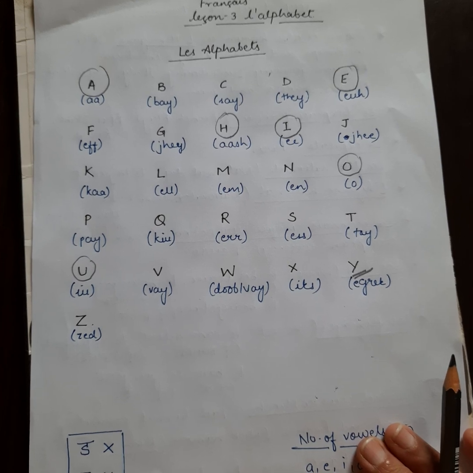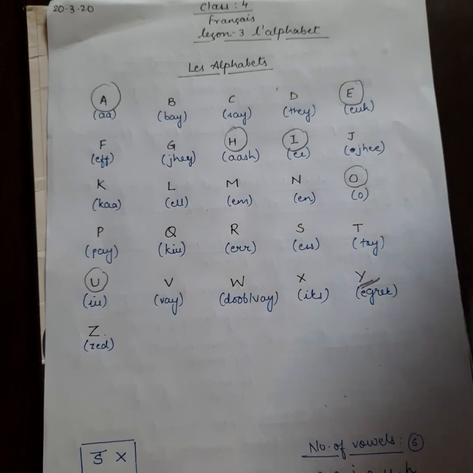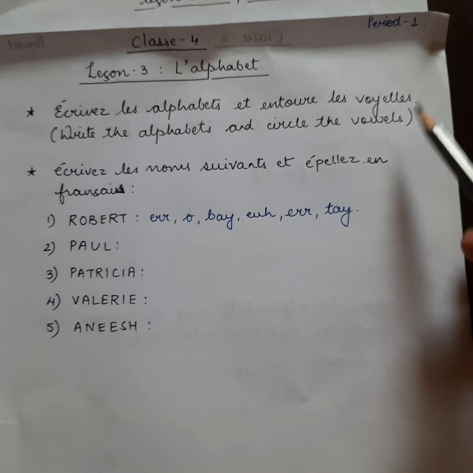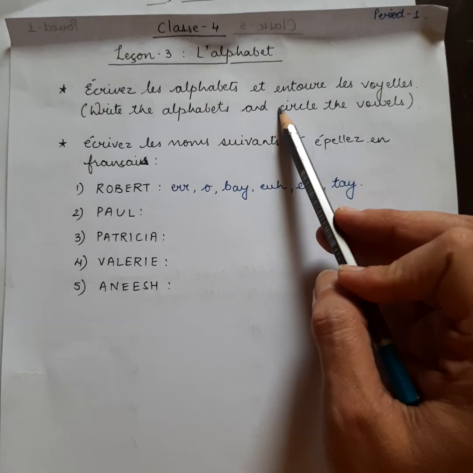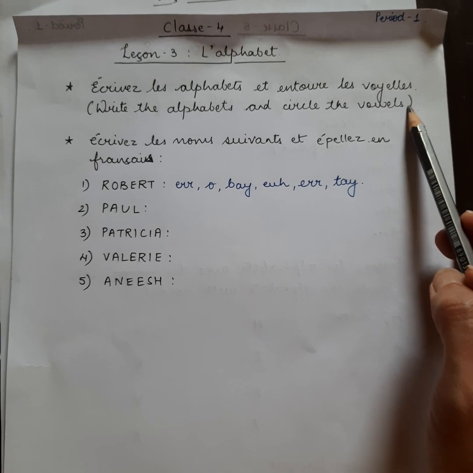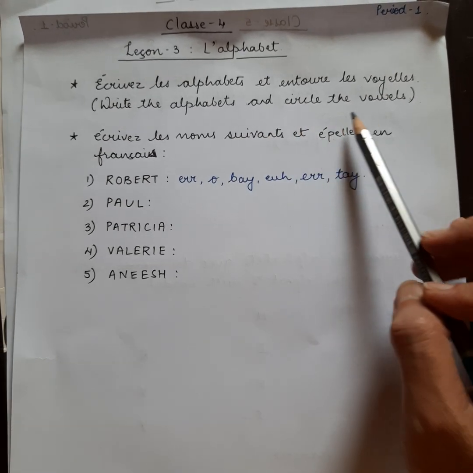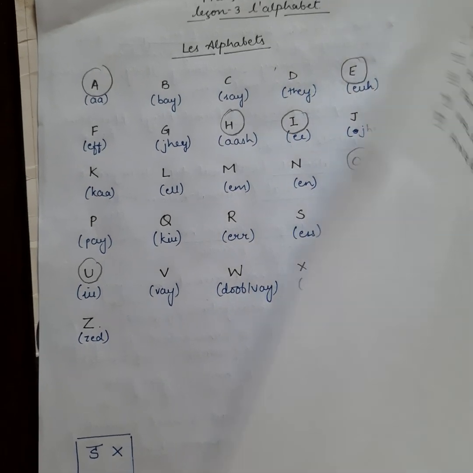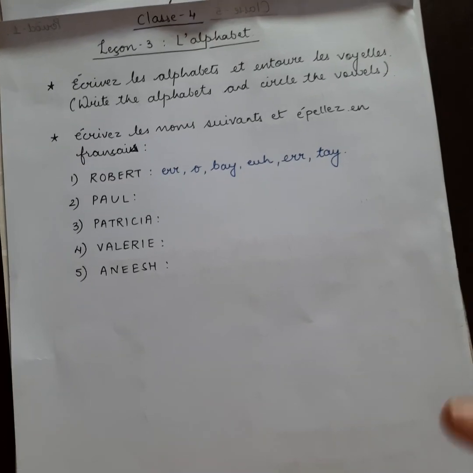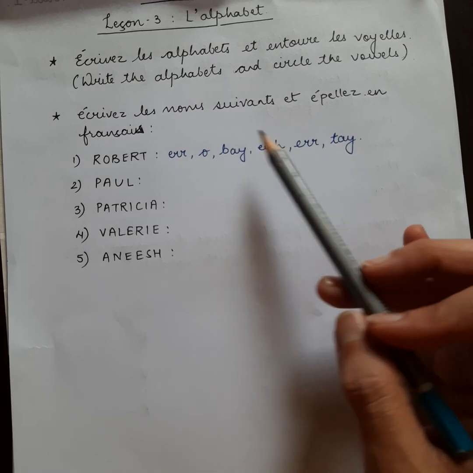And based on these alphabets, I am giving you two questions as well. The first: Écrivez l'alphabet et entourez les voyelles. It means write the alphabets and circle the vowels. You can do it like this. Second one: Écrivez le nom et épelez en français.